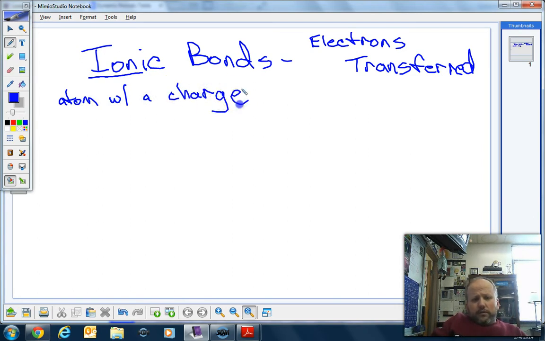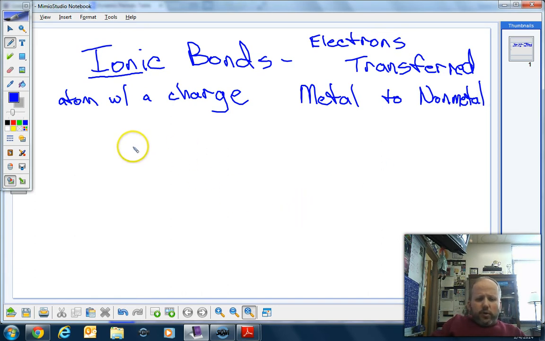So the fact that these atoms have charges is because electrons have been transferred. And what almost always happens is they get transferred from a metal to a nonmetal.